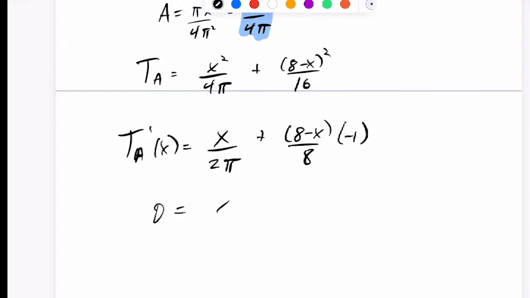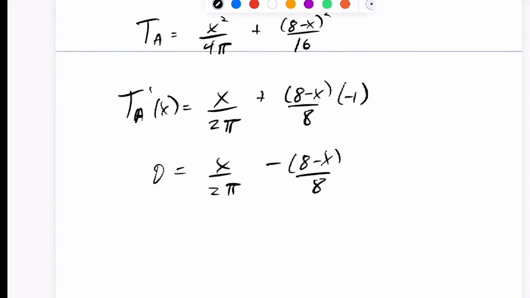So I set that equal to 0. Multiply across by 8 pi.